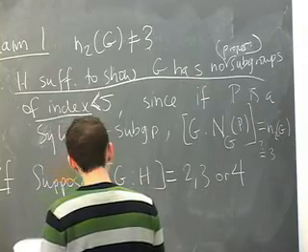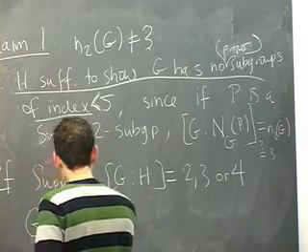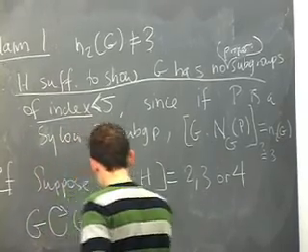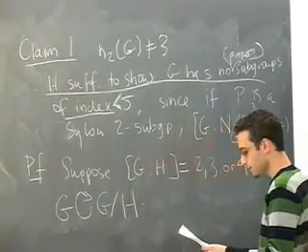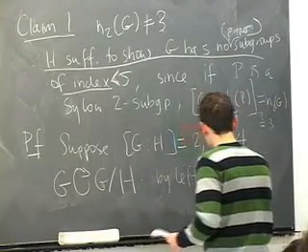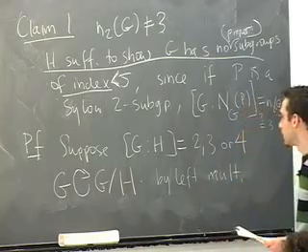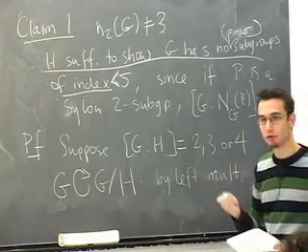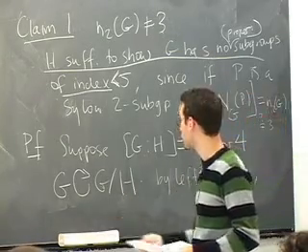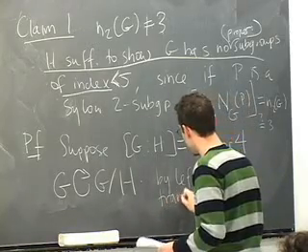Well, then I have an action of G on the coset space, by left multiplication. Now we know that the action of a group on its coset space by left multiplication is transitive. So that's good.